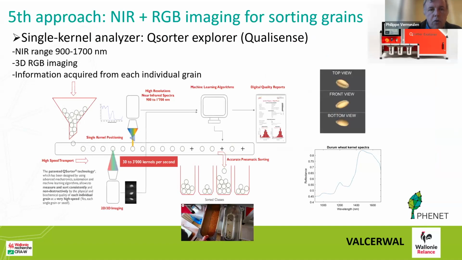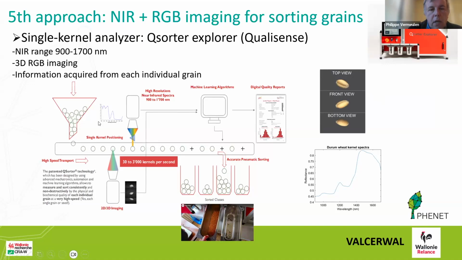The last approach is not on the plants, but on the grain after harvesting. The idea here is to assess the damage on the grains due to Fusarium. We have in our institution a Q-sorter device able to analyze kernel by kernel.